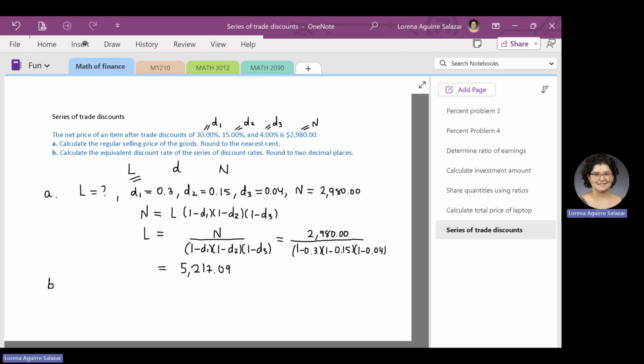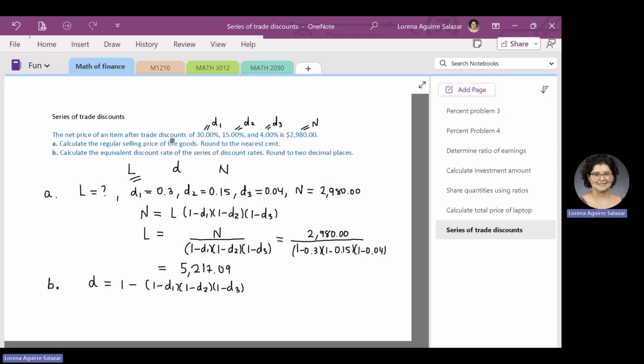Now for part B of this problem, we need to calculate the single equivalent trade discount rate for the series of trade discount rates. And fortunately, there is a formula that we can use to find that equivalent discount rate. The equivalent discount rate will be 1 minus (1 minus D1) times (1 minus D2) times (1 minus D3).